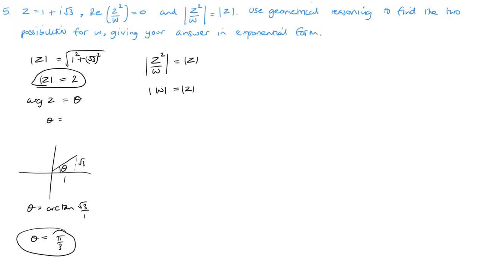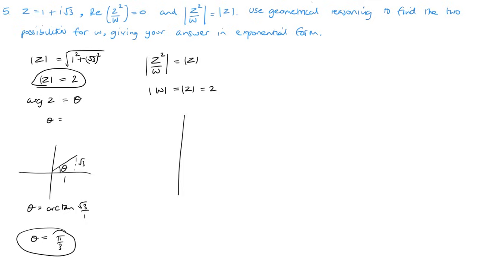And this equals 2, as we've already found. So we don't need to worry about that. Now next, this real part here. So this implies that the real part is 0, so it must be imaginary.